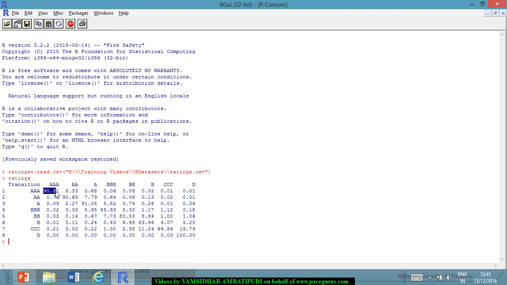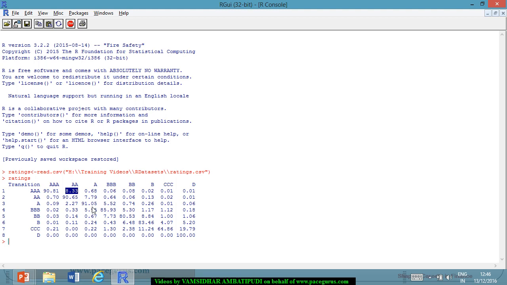There is a 90.81% chance that a firm having a AAA rating at the beginning of the period will stay at AAA rating at the end of the period. Whereas there is an 8.33% chance that it will fall to AA rating, 0.68% chance that it will fall to A rating, and finally 0.01% chance that it will default.